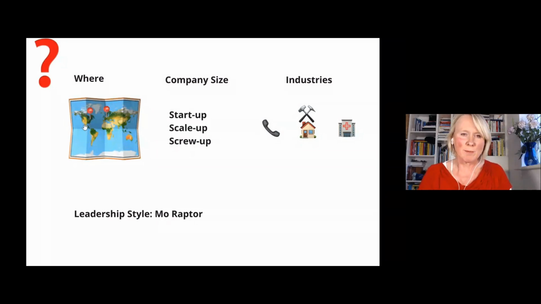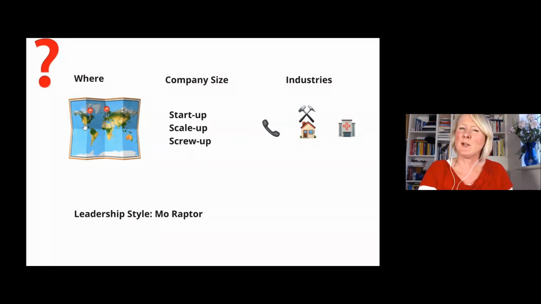From a leadership perspective, I am a Mo Raptor. Not only because this sounds like a dinosaur, it means I like to interrupt, but I also like to disrupt, not interrupt, but I also like to motivate, to make things happen, to have fun while doing things.